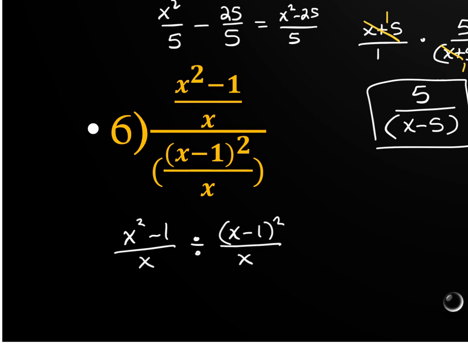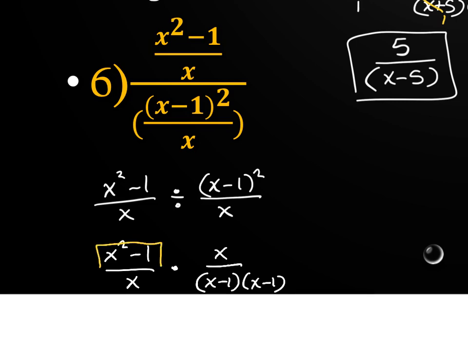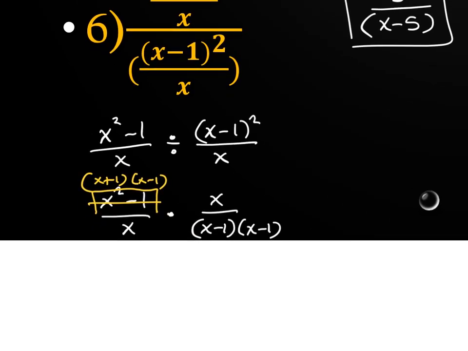I'm going to set it up as a keep, change, flip. x squared minus 1 over x times, flip it upside down. I'm going to rewrite the square as x minus 1, x minus 1. Now I also need to factor this numerator, and it becomes x plus 1, x minus 1. It's the difference of two squares. So now my problem, I'm going to simplify.